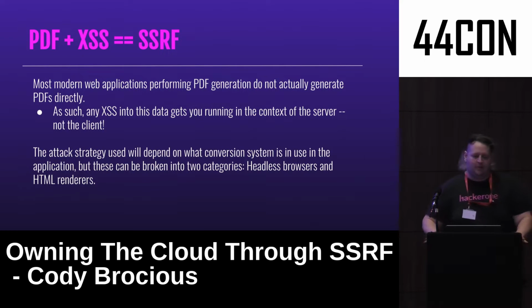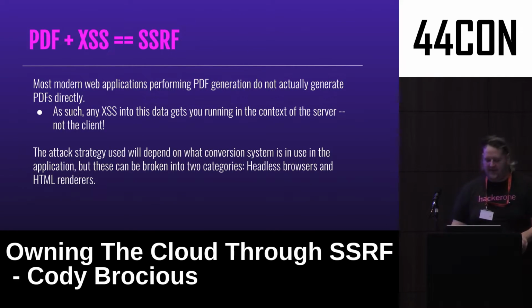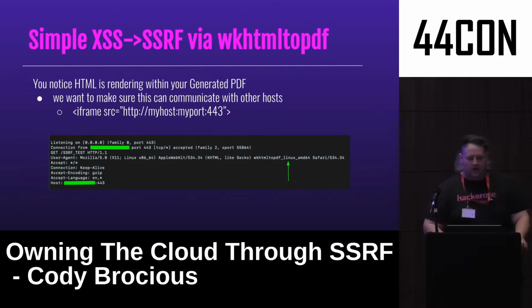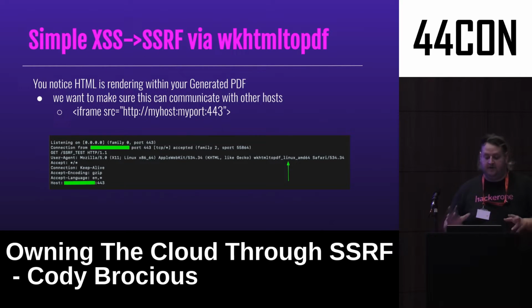How you actually go about attacking that is going to depend on what that category of attack is, either headless browsers or HTML renderers. So you notice that you have HTML rendering inside of a PDF. How do we actually see that it's doing something with that?